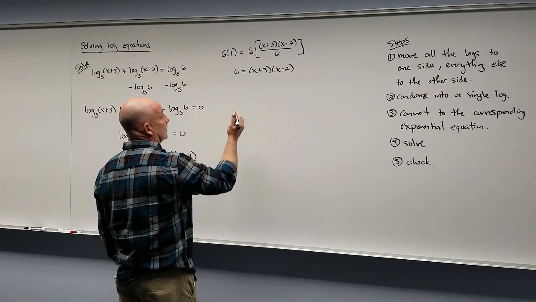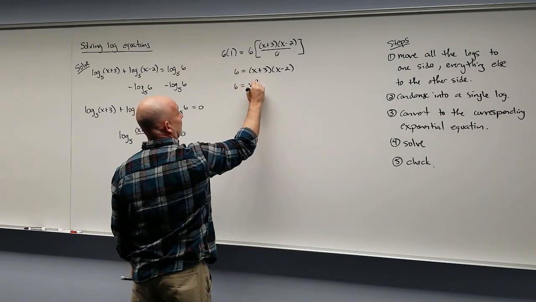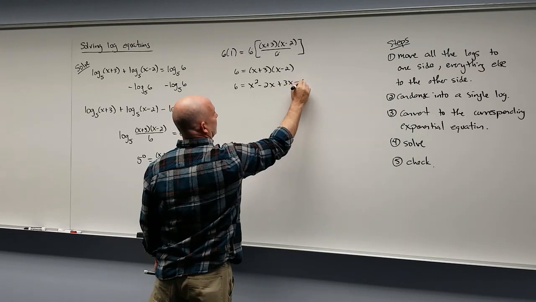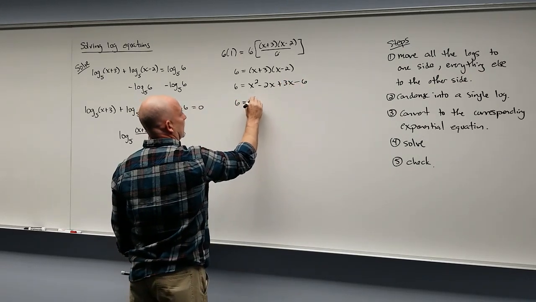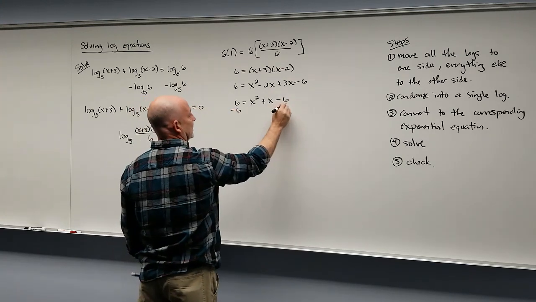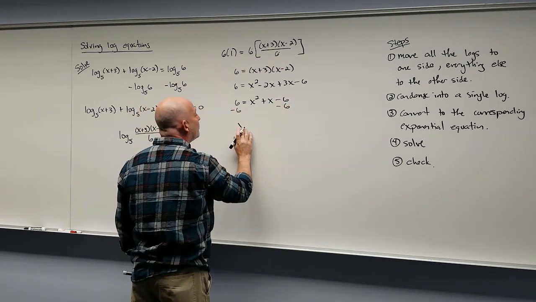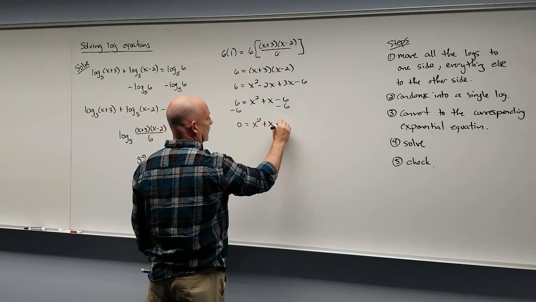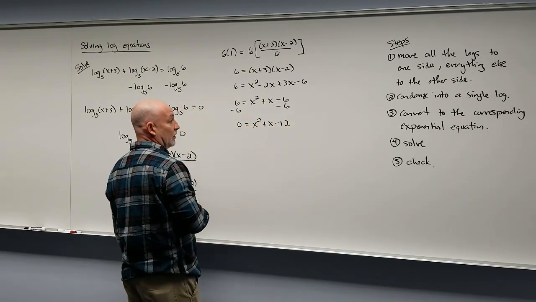So let's distribute it out. That's going to give me x squared minus 2x plus 3x minus 6, or x squared plus x minus 6. Move everything to one side. We get 0 is equal to x squared plus x minus 12, and then try to solve this quadratic.